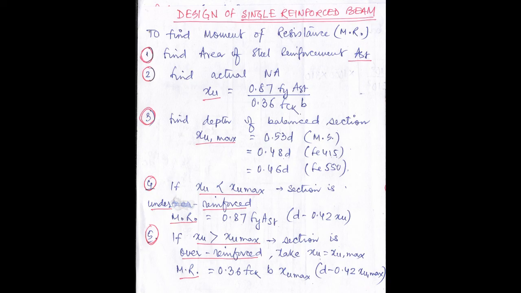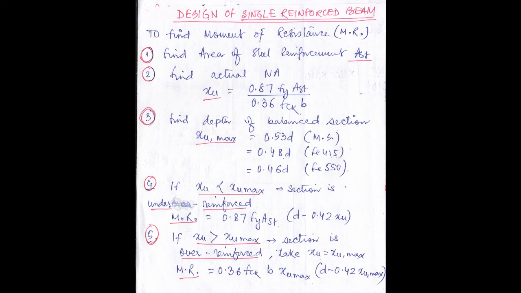In that case, moment of resistance can be found out by MR equal to 0.87 Fy AST within bracket D minus 0.42 XU. And suppose if XU is greater than XU max, that is step number 5, the section is over reinforced. In that case, take the value of XU as XU max.